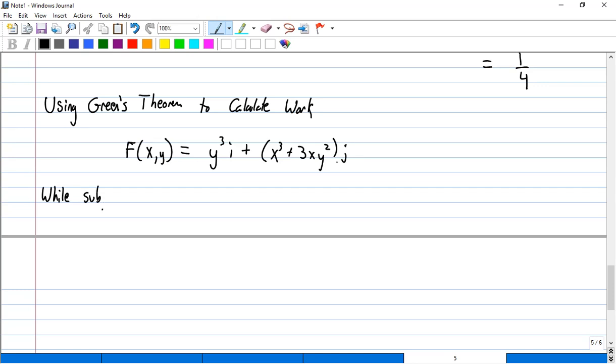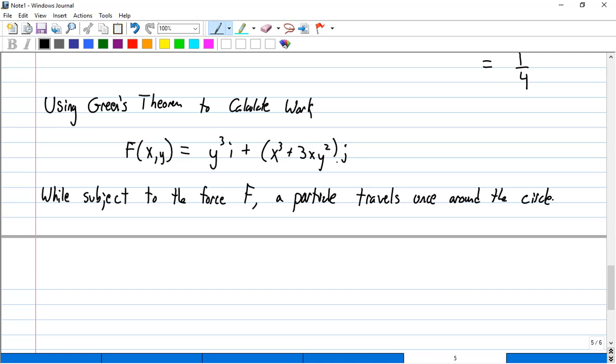while subject to the force F, a particle travels once around the circle of radius 3.